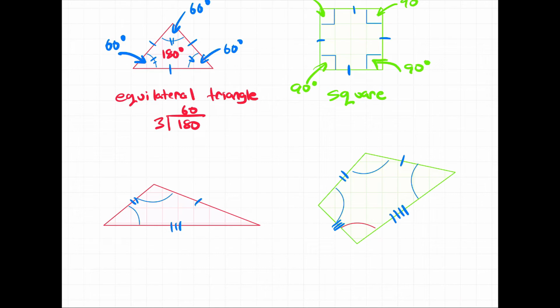Now, the triangle on the left actually has a name, and it's called a scalene triangle. So a scalene triangle has 3 sides that are all different and 3 angles that are all different.